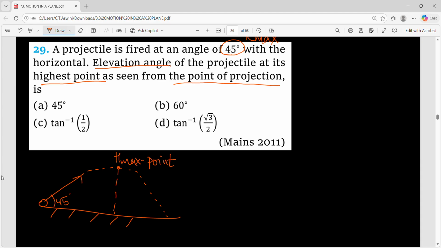Now, what is this elevation angle? It is the angle made at this highest point, seen from the point of projection. So you are seeing from here. From the point of projection to the maximum height point, this angle is called the elevation angle. Let it be alpha. You have to find this alpha.